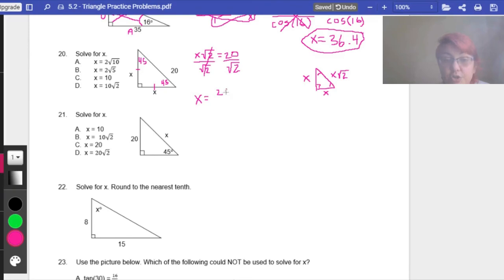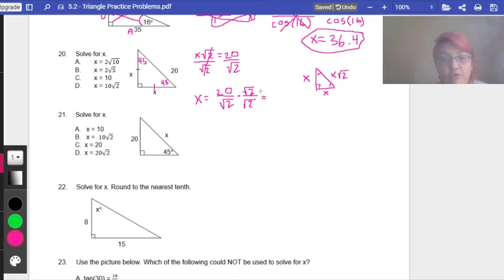So what I do, because I know that the opposite of a square root is being squared, and I know that squaring something is multiplying it by itself, I'm going to multiply both the top and the bottom by the square root of 2. And the reason why I can do that is because any number divided by itself is equal to 1. And if I'm multiplying my fraction by 1, I'm not actually changing its value.